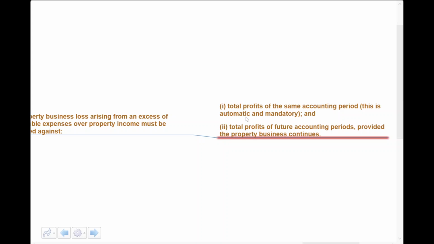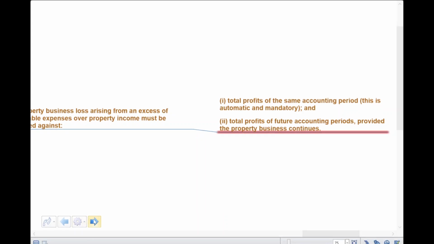Once you've done that, if you still have losses, then you carry forward against future accounting periods, provided the property business continues. Again, total profits. So in both cases, first it's automatic and mandatory, and if the property business still exists, then carry it forward. Quite straightforward, I hope you agree.